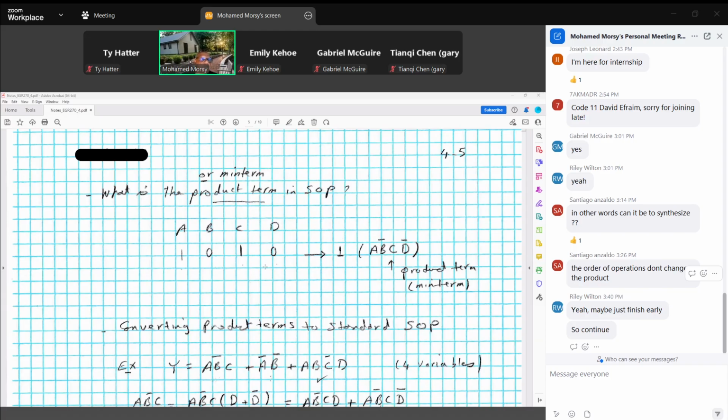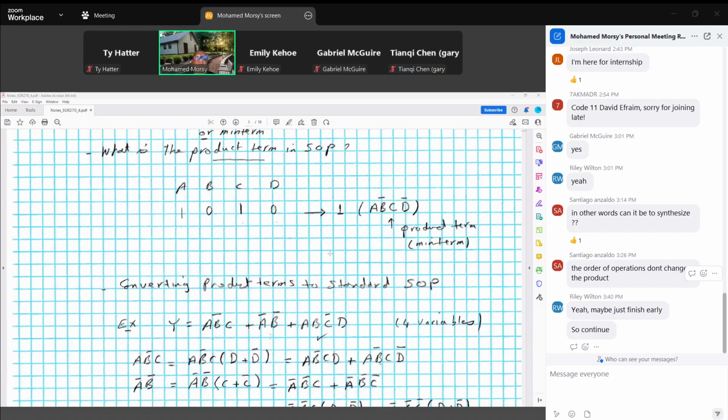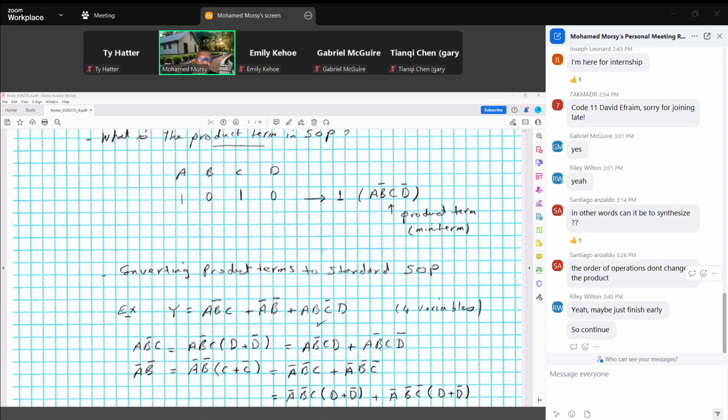So now when we use A, B inverted, C, D inverted, all are ones. So the output is 1. This is the meaning of the product term. The value of this product term is 1.